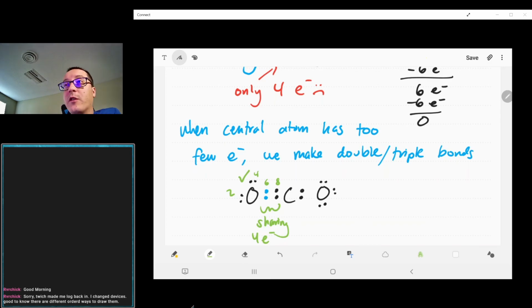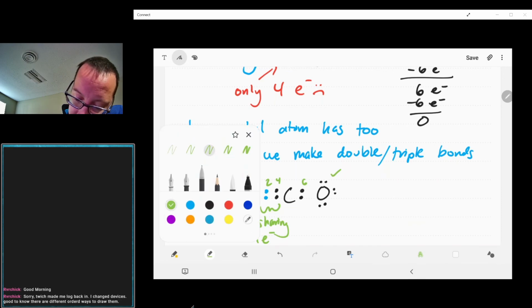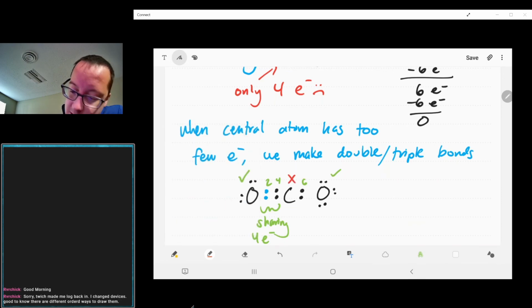So both of those pairs in the middle are shared by that oxygen. So it is still happy. All right, I'm just going to erase those numbers. This oxygen, 2, 4, 6, 8, still happy. And if we look at our carbon, we have 2, 4, 6. Uh-oh. Still not quite there.